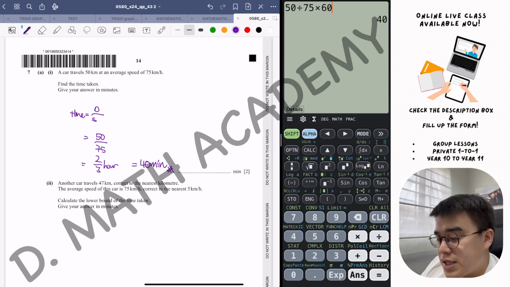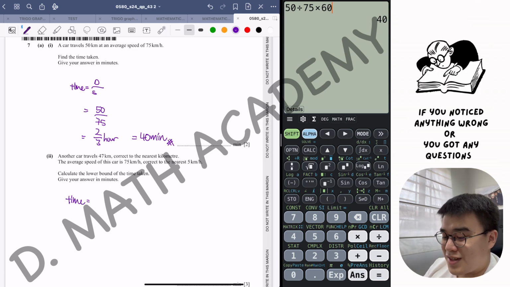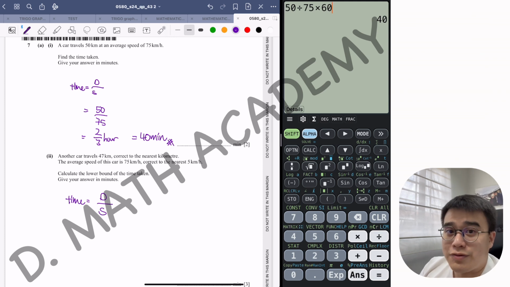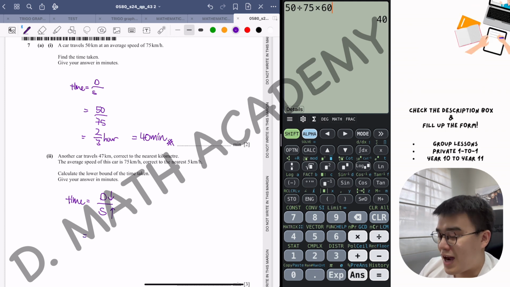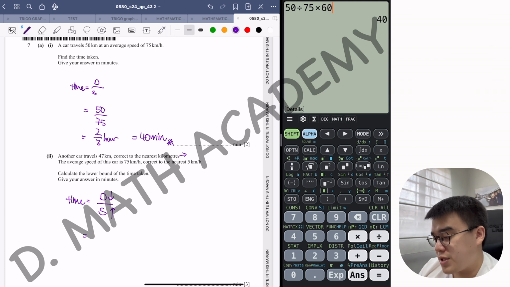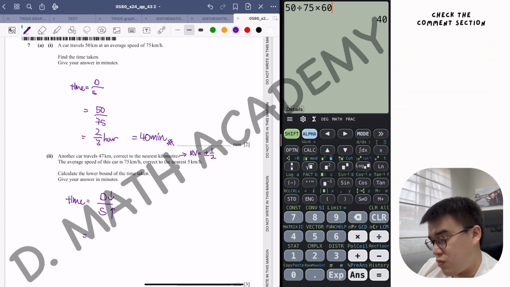So the other one is asking us for the lower bound of the time taken. Oh, I jinxed it. So they did test us on upper bound and lower bound. To get the lower bound when the relationship is division, my numerator needs to be smaller and my denominator needs to be higher. So for distance, since they didn't mention the rounding value exactly, just use 1.